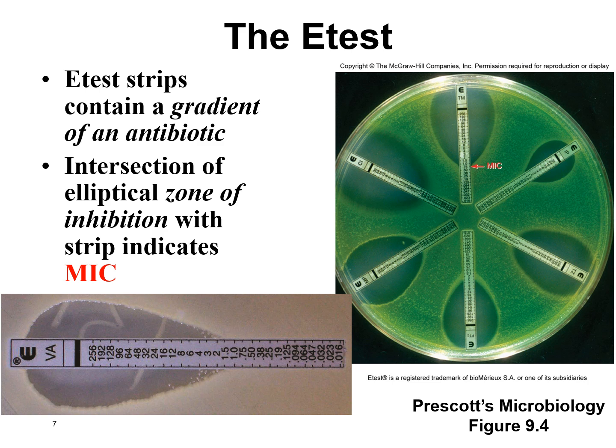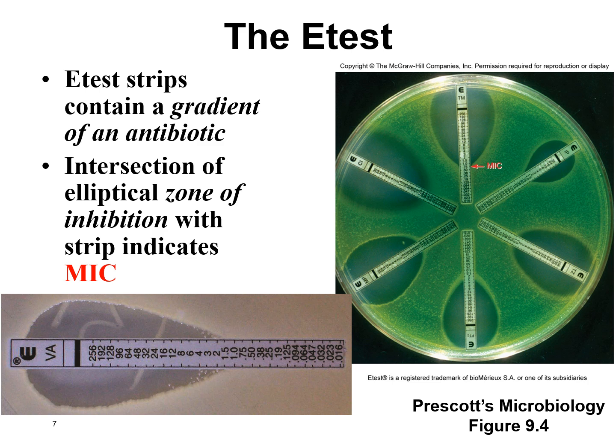And each of these strips have a different antibiotic on them, so you can test multiple antibiotics at the same time. And where that zone of inhibition crosses the strip, that's your MIC.